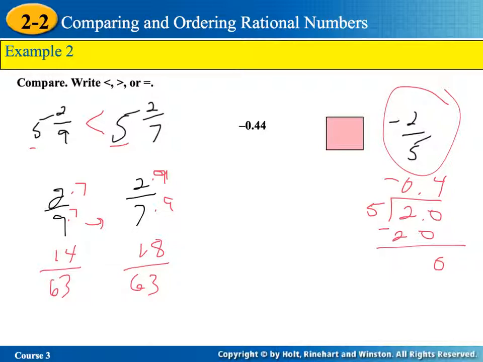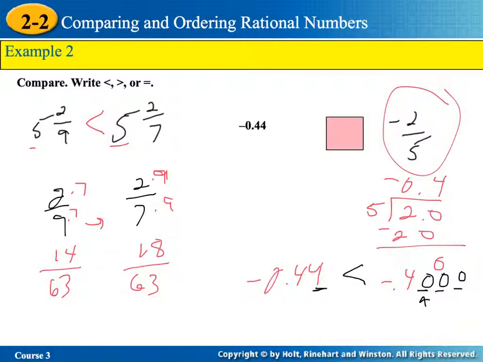My answer is negative, so now I'm looking at negative 0.44 and negative 0.4. So which one is larger? Well, remember, behind this 4 is an infinite number of zeros. So this 4 is larger than this 0.